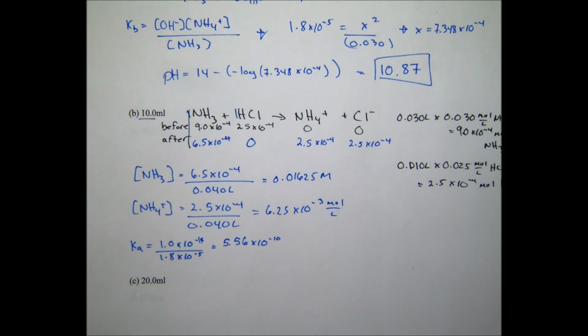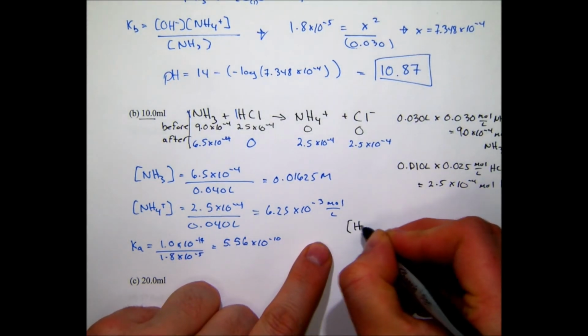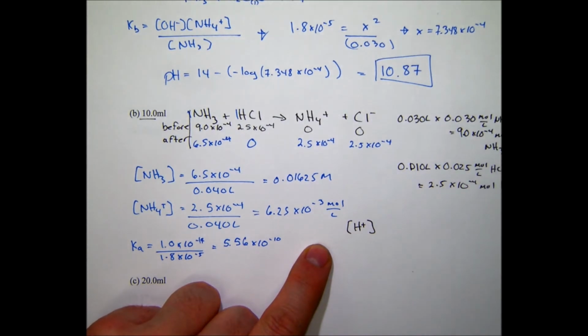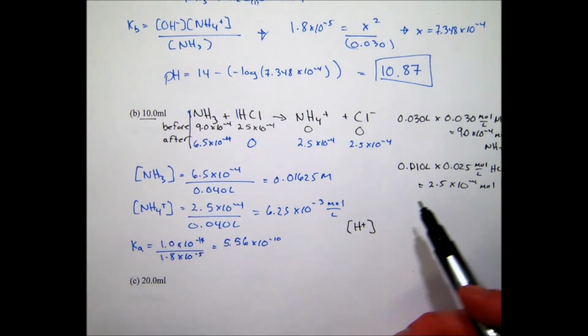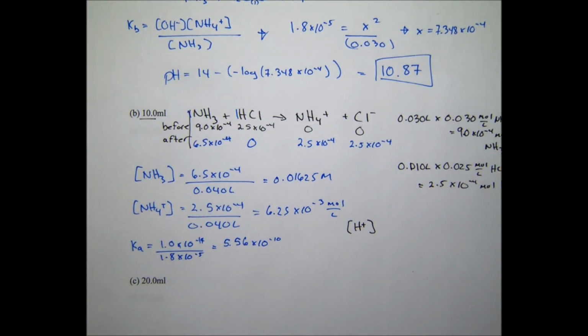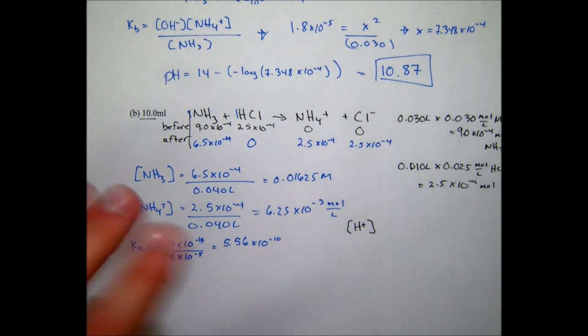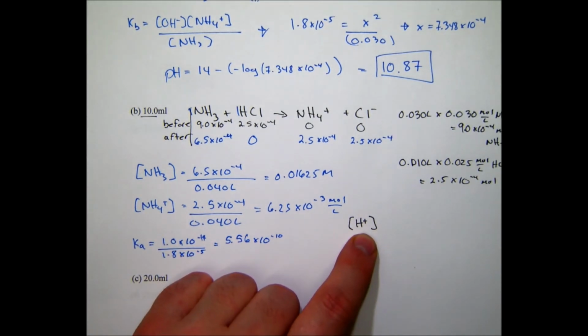So now we're just going to fire it into an expression. So the concentration of H plus, we're just going to rearrange our Kb expression from up here. We'll set it up for the acid side, and then we'll solve for H plus.